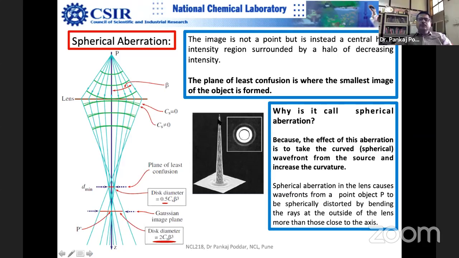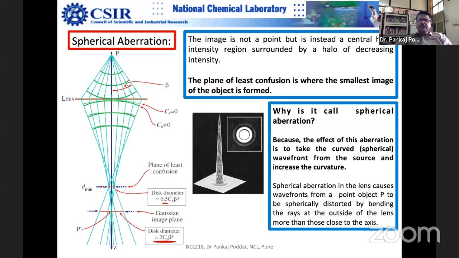Basically, resolution is defined by this. If you bring another point here, another point here, because this is just one point in the object plane, but there are millions and millions of these kinds of points. So once you keep bringing another such feature, when the minimum of one disk overlaps the maximum of the other disk, that is called the resolution limit.